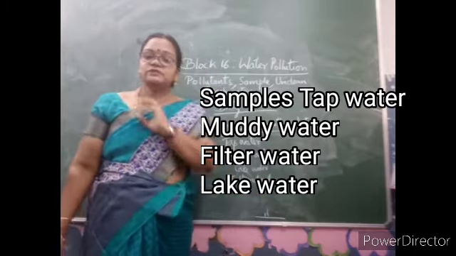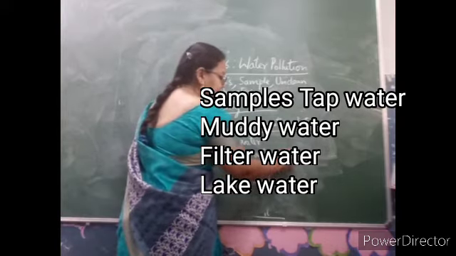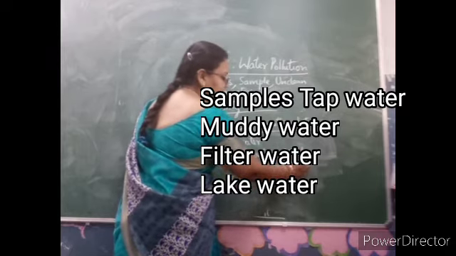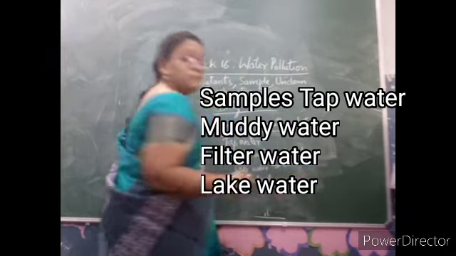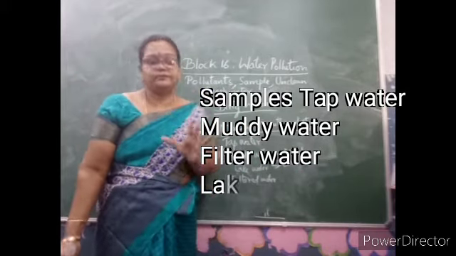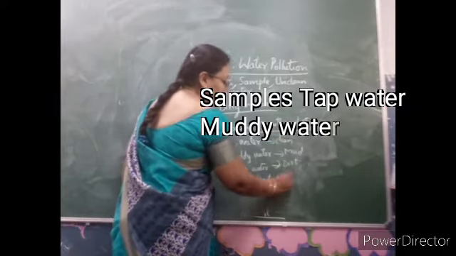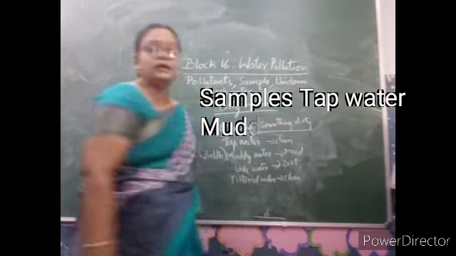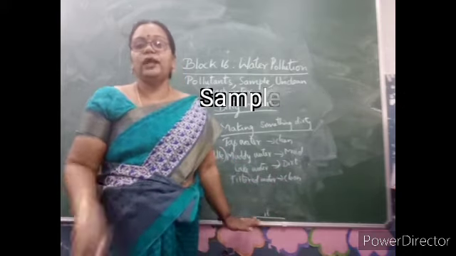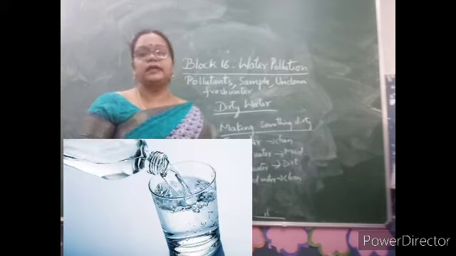When you observe these four waters, one is muddy water, full of mud and dirt. The lake water also has some dirt, and it will be smelling also. Tap water and filtered water both are clean. You might have noticed they are both clean, and they don't have any smell or color. So among these four, which is fit for drinking? The clean ones.